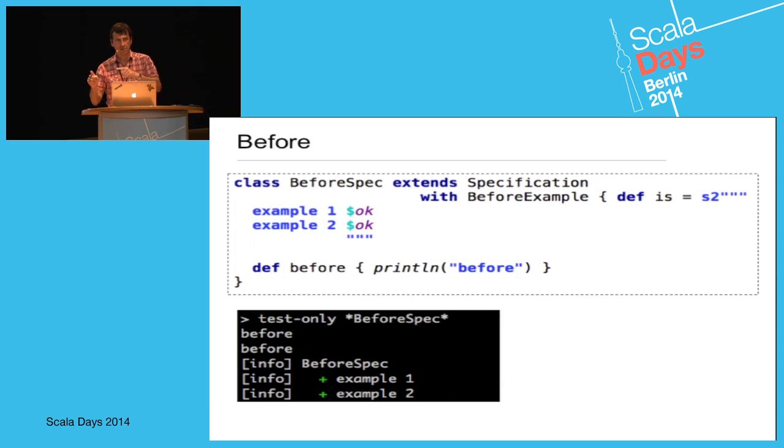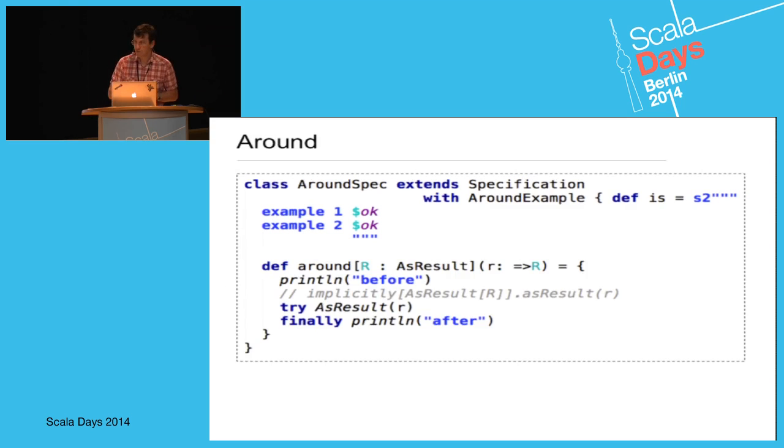And yes, I must say that there's an After trait with an after method, and then there's even a BeforeAfter trait where you have those two methods combined. And then if you want to be a bit more fancy, and many times you have to do that because you want to execute your examples in a context, in the context of, I don't know, a database transaction or an HTTP request, you can use the AroundExample trait, and you define this around method, where, as you can see, the R is going to be the body of your example, the piece of code you want to execute.